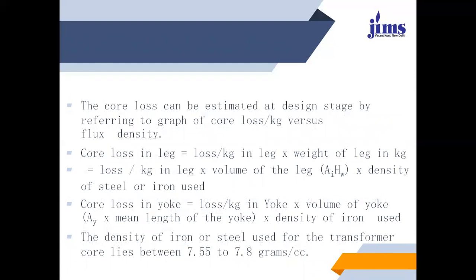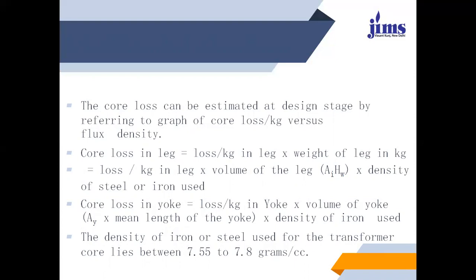The core loss can be estimated at the design stage by referring to the graph of core loss per kg versus flux density. Core loss in limb equals loss per kg in limb times weight of the limb in kg, or loss per kg in limb times volume of the limb Ai times height, times density of steel or iron used.